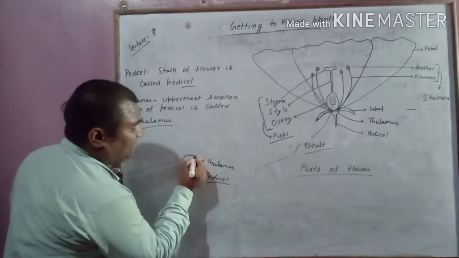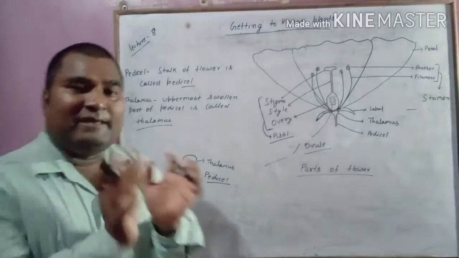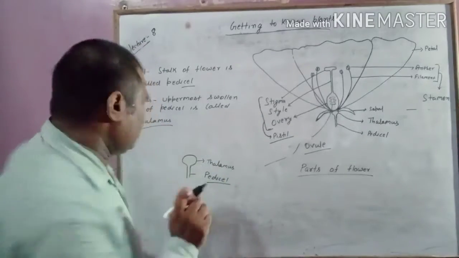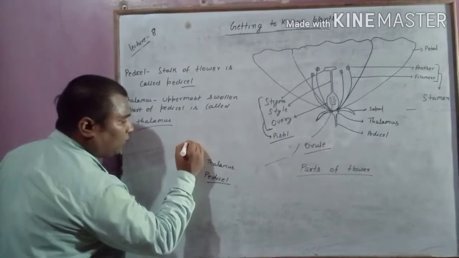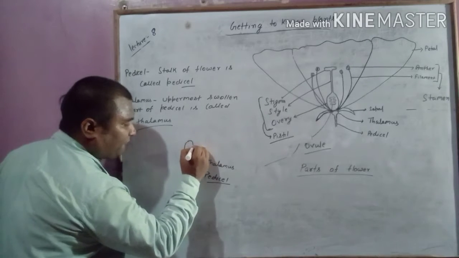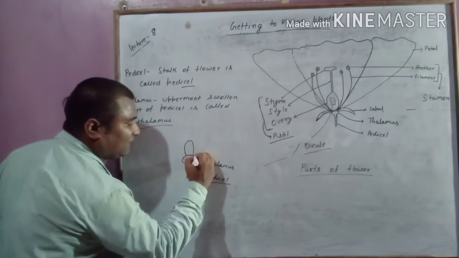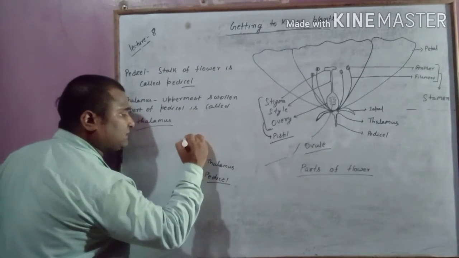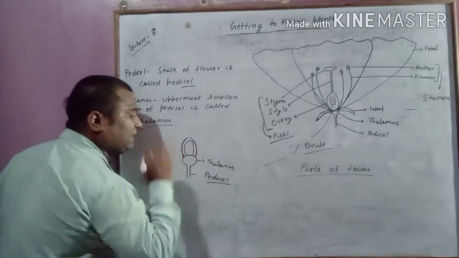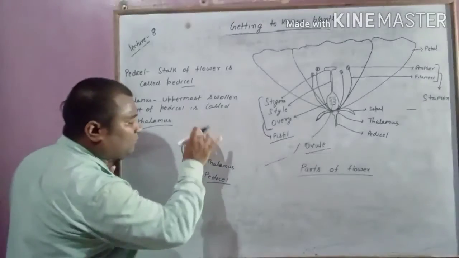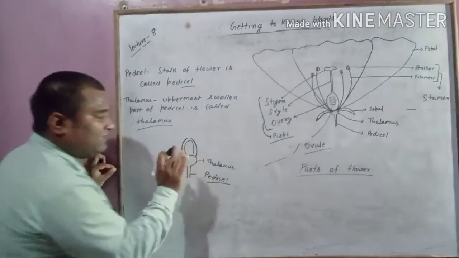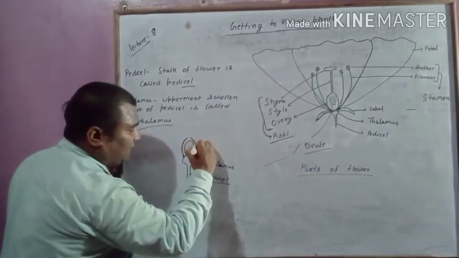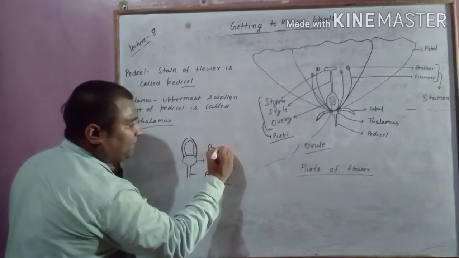From the thalamus, for example, imagine there is a bud, a kali. In that bud, all the flower parts are inside, and the outermost covering is green color. Imagine this is a flower in the bud condition.